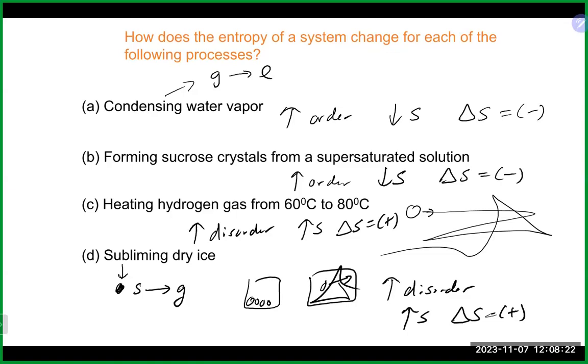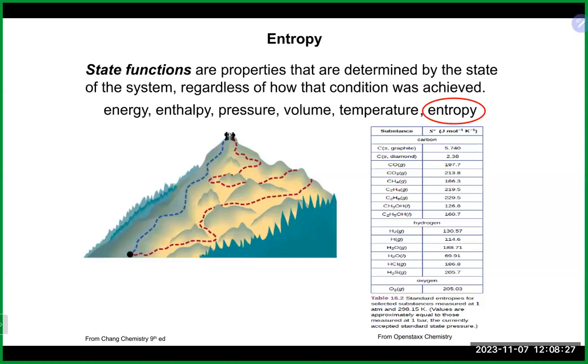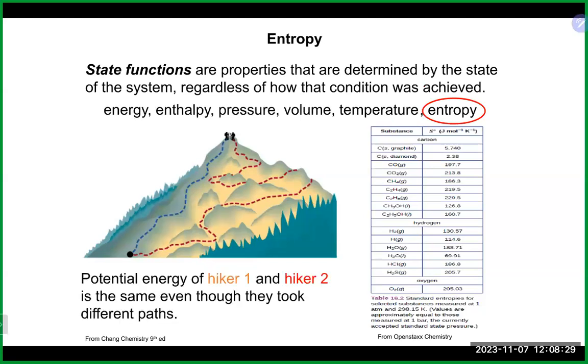Okay, so let's talk a little bit about entropy a little bit closer. Entropy is a state function, and if you remember what state functions are, it does not matter how you get there, just get there if you can. That is a song, you can look it up.